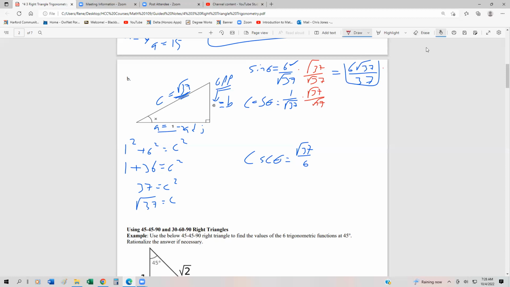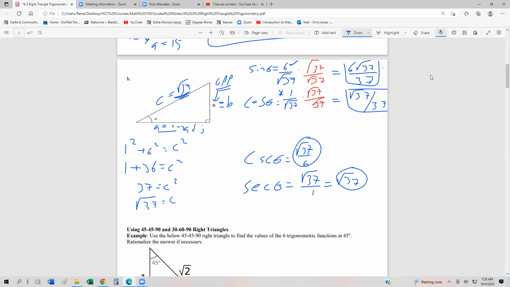And so that's going to be equal to the square root of 37 divided by 37. And once again, we can take this value, and that's going to help us to find the secant of theta. And secant of theta is going to be root 37 over 1, or just root 37.